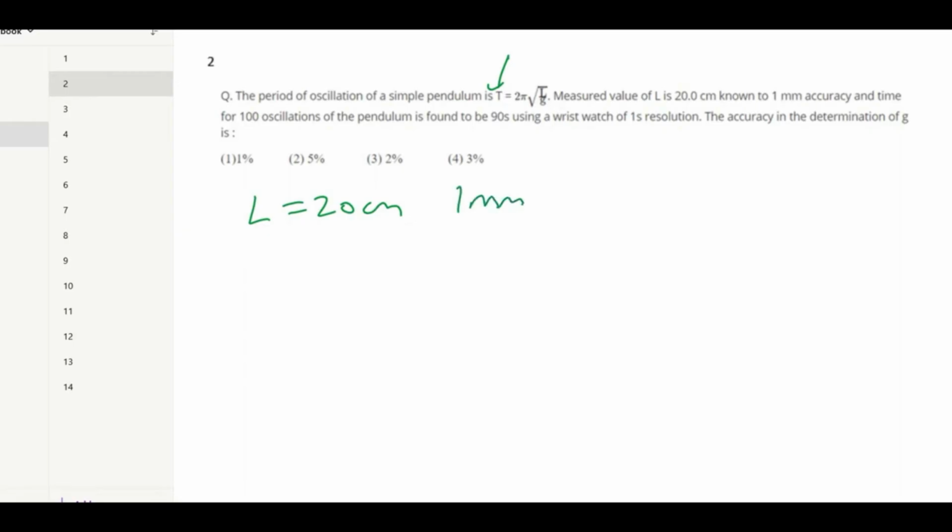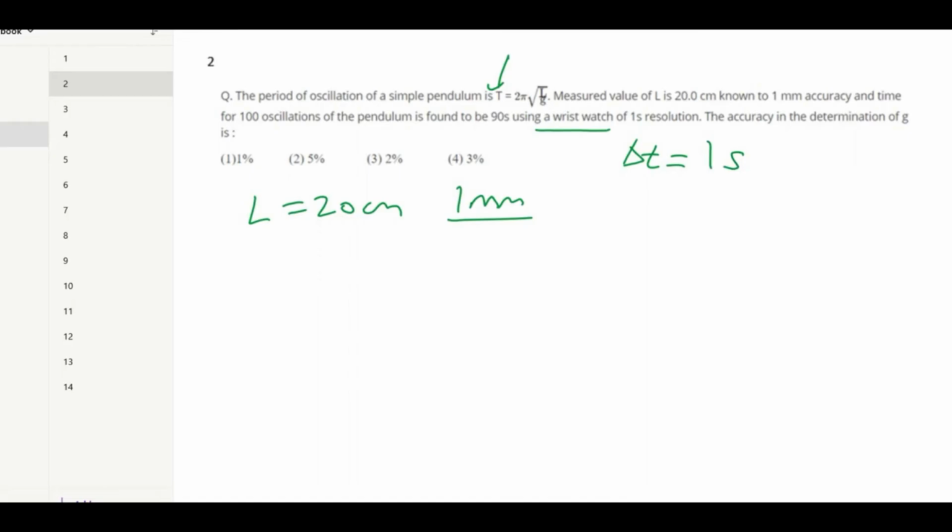So 1 millimeter stands for the absolute uncertainty in the measurement of length. And we are using a wristwatch, which has a resolution of 1 second, which means delta T, the uncertainty in the measurement of time, is 1 second.